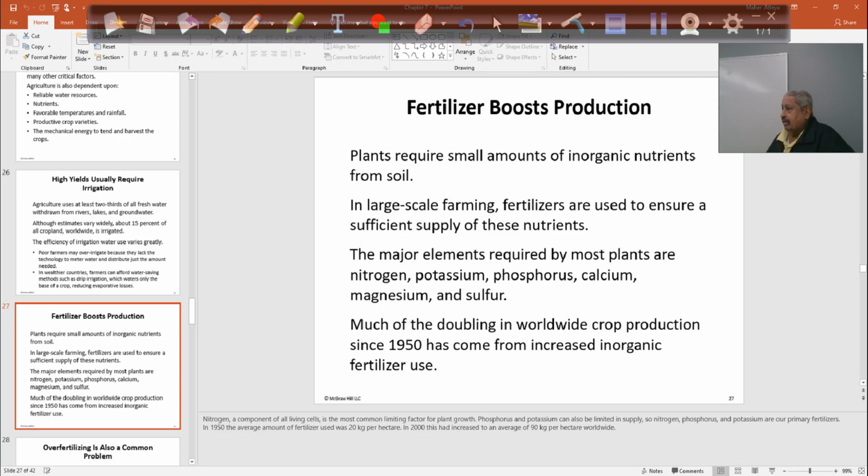Calcium can be calcium nitrate, potassium nitrate, for example. So I have two elements together, calcium and nitrogen. Then you can take phosphorus as phosphate. Okay, you get magnesium phosphate. You have magnesium and you have the phosphorus there. So those all are salts or minerals of those elements here mentioned.